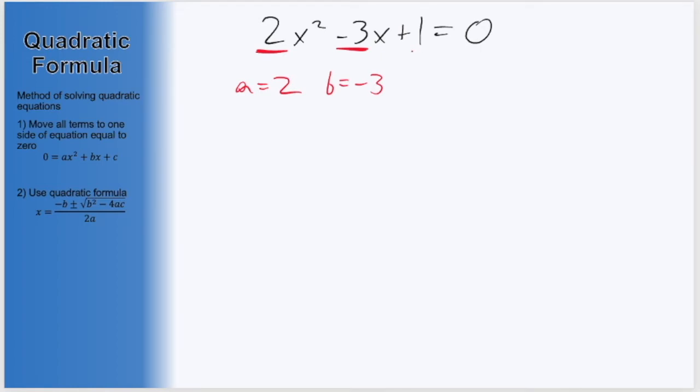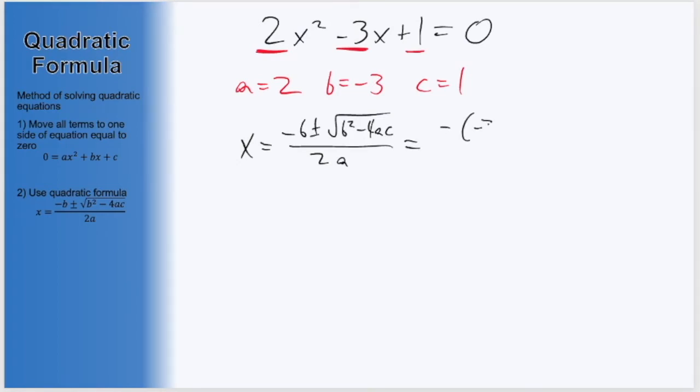And finally, the constant term is just positive 1. With these numbers in mind, we can plug into our quadratic formula. Always be careful to put any negatives in parentheses, and just plugging in the numbers a, b, and c will give us something that looks like this.